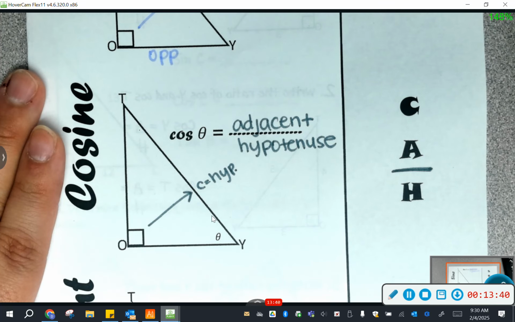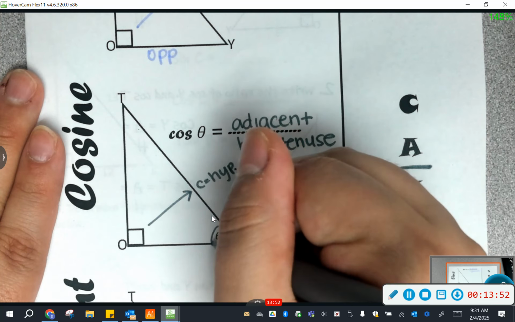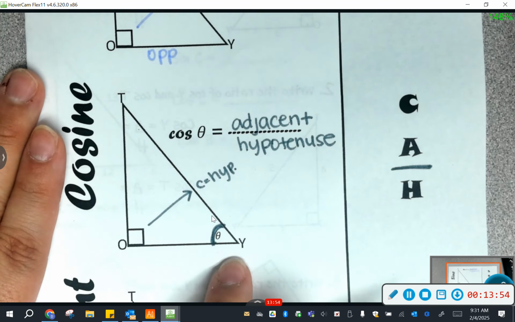Think back to September. What does adjacent mean? It's been a long time since we've heard that word. Neighbors, your neighbor, next to. So I want everybody to do an arch on this theta, that angle. What side is right next to this angle?